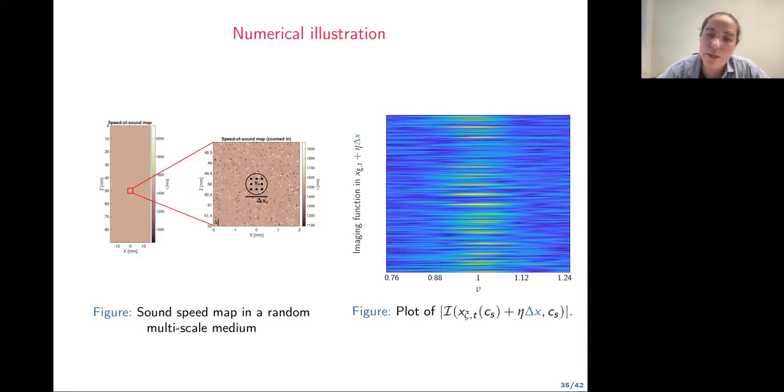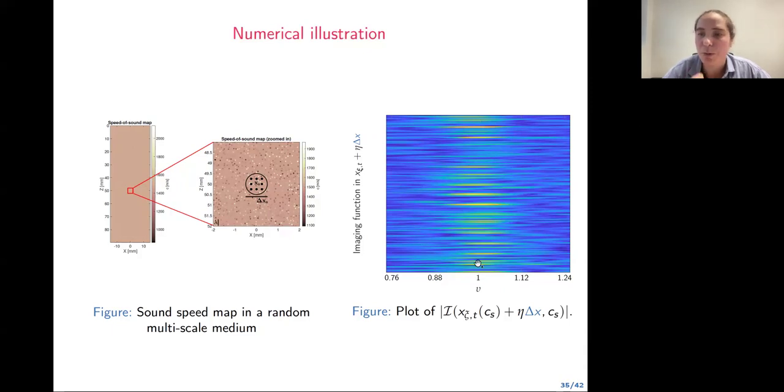Okay, so here I plotted the modulus of I for different points. So here on the Y, you have all the different points around my XS, and on the X, it's the different speeds of sound. Okay, so you see that for nu equal 1, so for the true speed of sound, it's basically yellow.